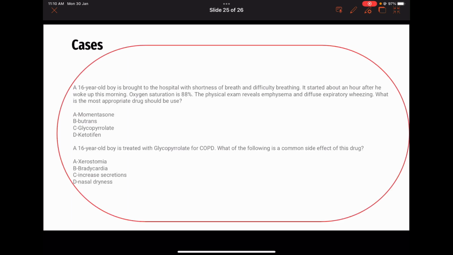A 16-year-old boy is brought to the hospital with shortness of breath and difficulty breathing. It started about an hour after he woke up this morning. Oxygen saturation is 88%. The physical exam reveals emphysema and expiratory wheezing. What is the most appropriate drug to be used?